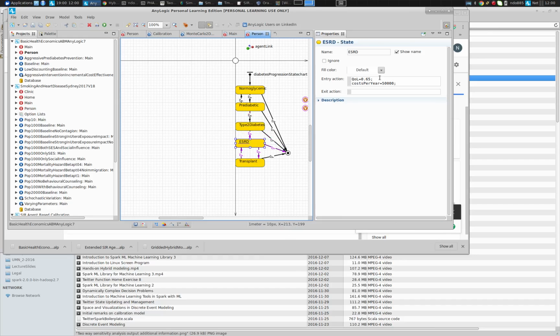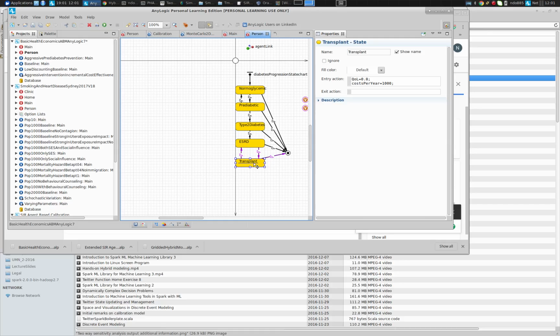End-stage renal disease, quality of life of 0.65 and cost per year of 50,000. Okay? Transplant, lower cost per year. That's probably underballing it, but the quality of life is higher than for end-stage renal disease by a significant amount.